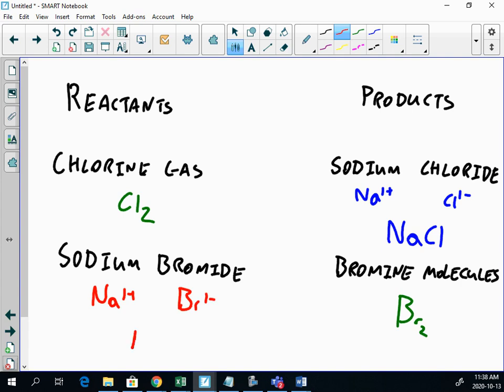Those guys are balanced, so I get sodium bromide. Okay, so once again, this is a single replacement reaction, just like on the last example. And what happened here is that the chlorine and the bromine swapped places.